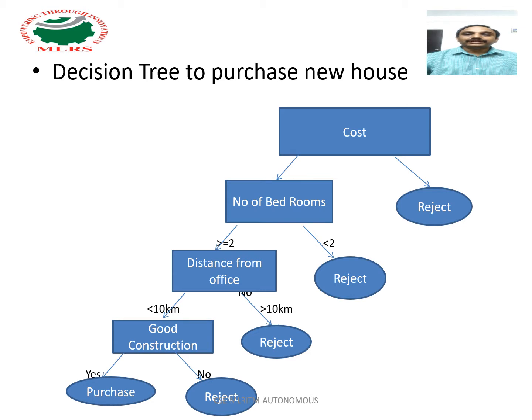For example, in the cost case, we have two decision rules: one is less than or equal to 50 lakhs and the second one is greater than 50 lakhs. Here each leaf is an outcome, either purchase, reject, or go to checking the next attribute.